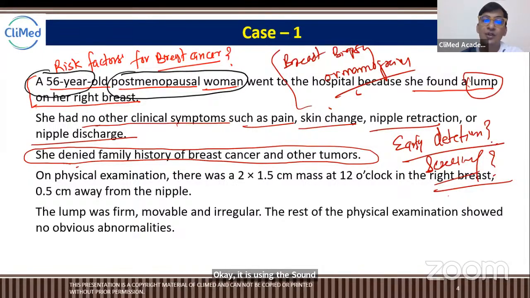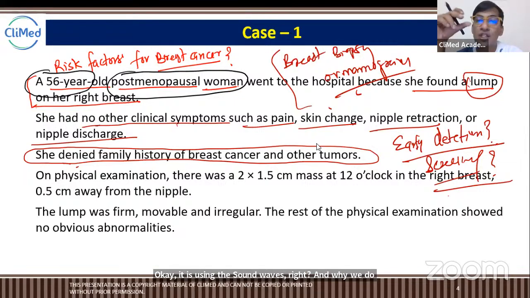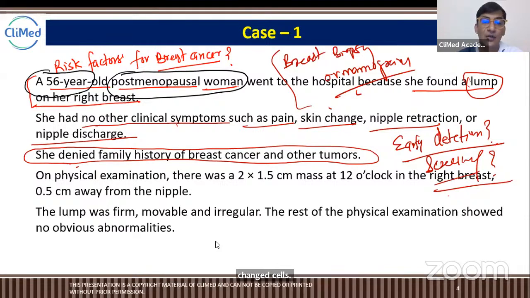And why do we do the mammogram? We check the location and the size of the tumor or the size of the physiologically changed cells. That's how we do the ultrasonography, or we call it mammogram, right guys?